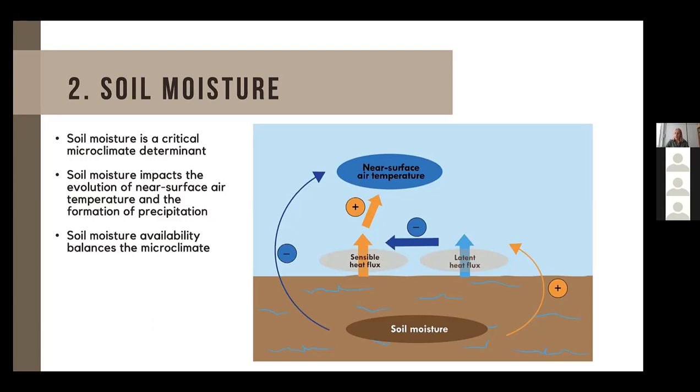And the more energy will go to the latent heat flux, the less energy will remain available for the sensible heat flux. So this means that when there's sufficient soil moisture available, the near surface air temperature will be lowered. So this actually shows the role of soil moisture in forming the microclimate and actually the availability of soil moisture to then also balance this microclimate.